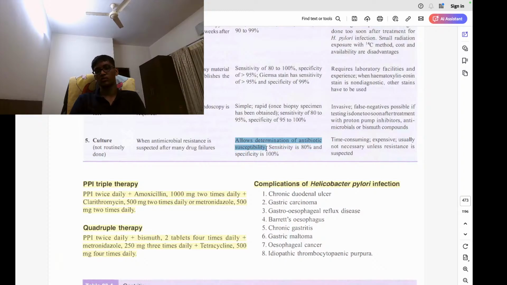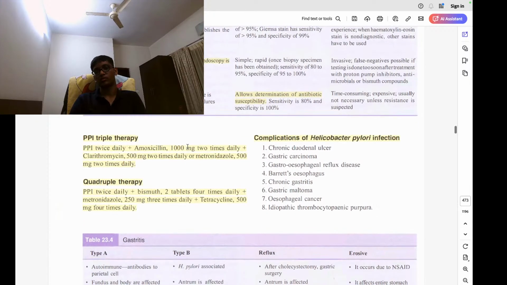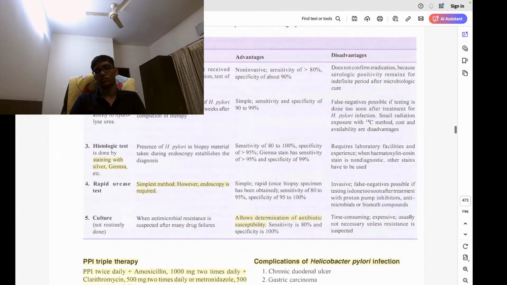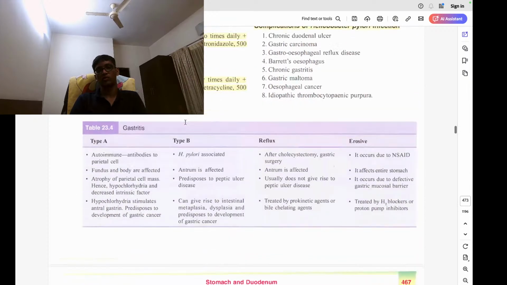That's the only thing you need to know. The names of all the tests you have to remember.